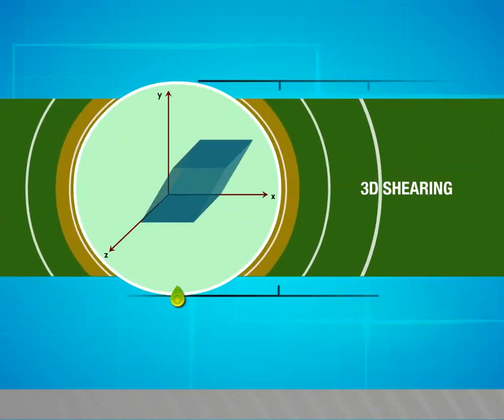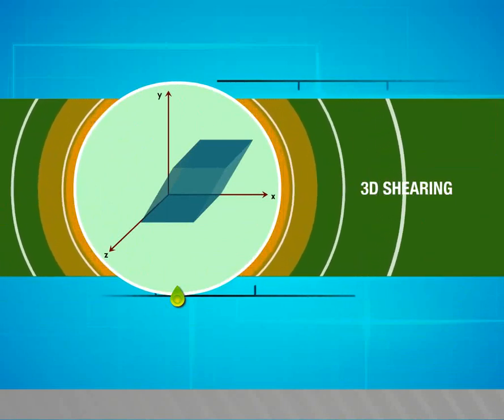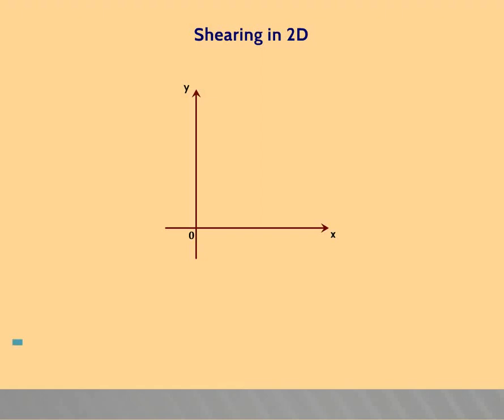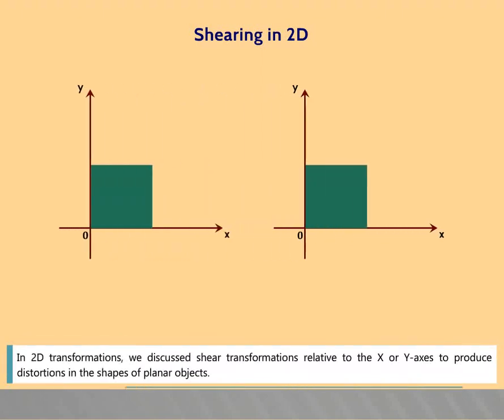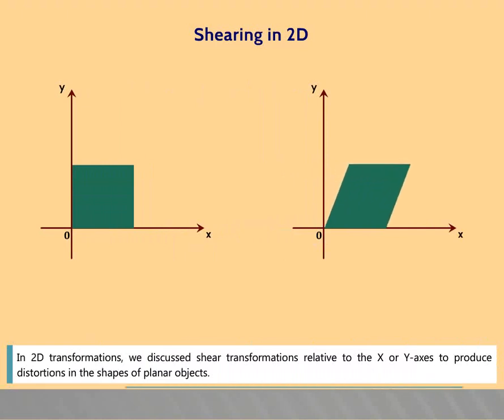3D shearing. In this video, we are going to see about 3D shearing. In 2D transformation, we discussed shear transformations relative to the x or y axis to produce distortions in the shapes of planar objects.